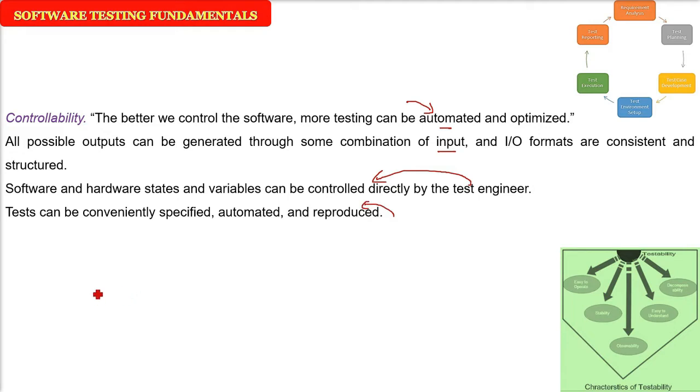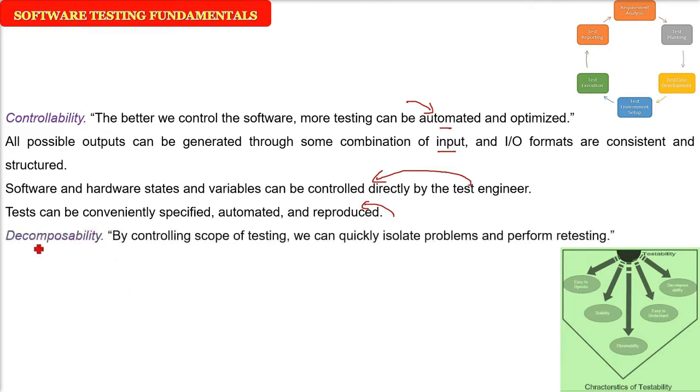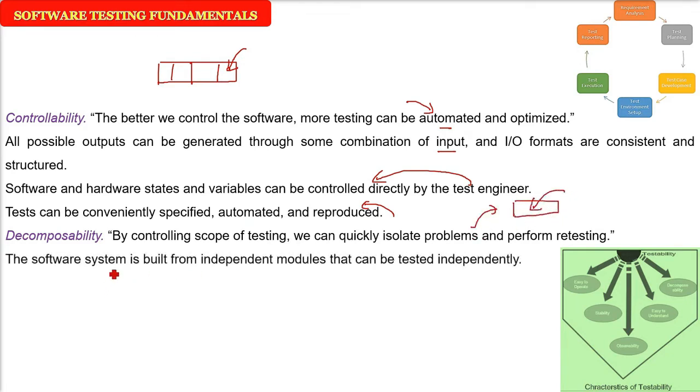Okay. Now the next thing is decomposability. When you can decompose, for example, you have some work, if you are able to divide it into parts, you will be able to do it more easily and efficiently. By controlling the scope of testing, we can quickly isolate the problems and perform testing and retesting.